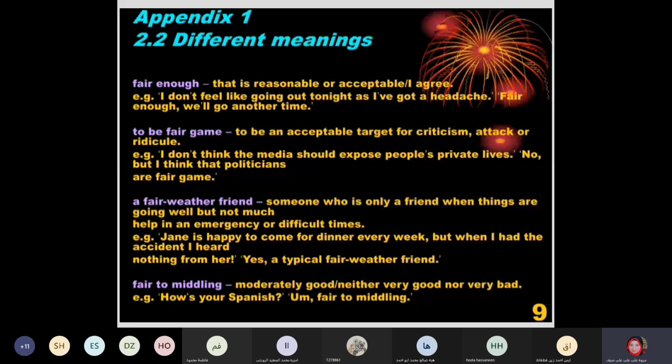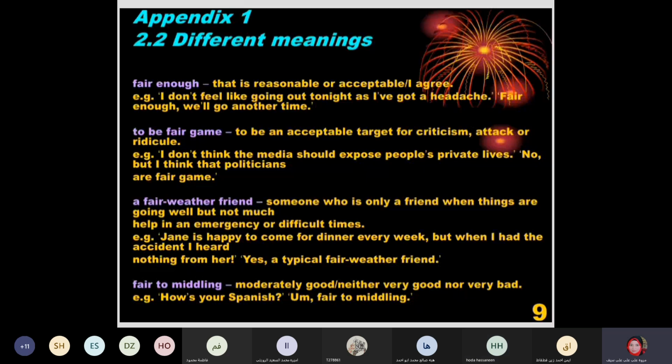Something different, something that has to do with this particular expression. This is an idiom. The whole meaning of the idiom is different from the meaning of the separate words that the idiom is made up of.